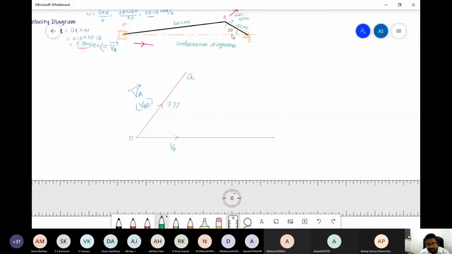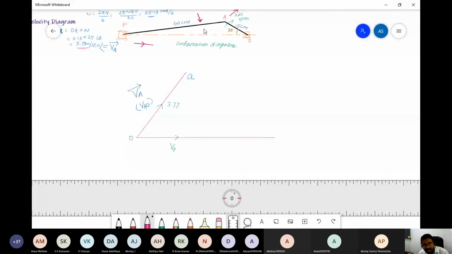Now we go for this. When this is rotating like this, and this is pulling like this, this AP, that is a connecting rod, will be moving upward and downward. But when this is rotating in this way, automatically the probability of this moving downward is high. So this is going to move down.